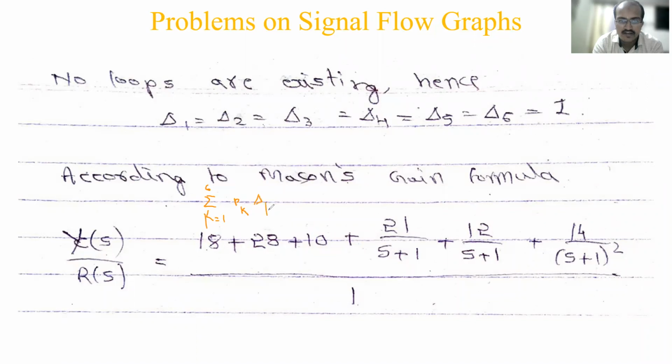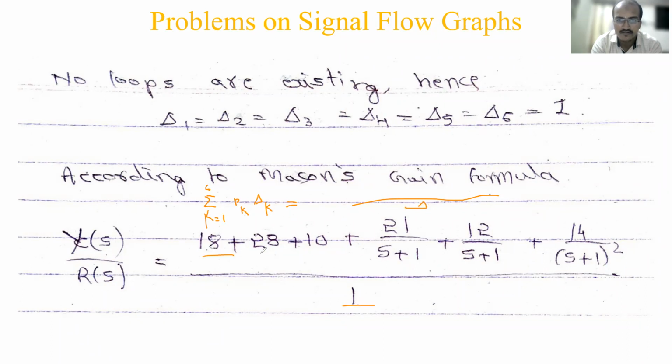Then expand that for 6 forward paths, which will come as P1 delta 1 plus P2 delta 2 plus P3 delta 3 plus P4 delta 4 plus P5 delta 5 plus P6 delta 6 by delta. Delta and delta 1 to delta 6 values are 1, so that's where the denominator will come. Only whatever you have multiplied, you have to add.